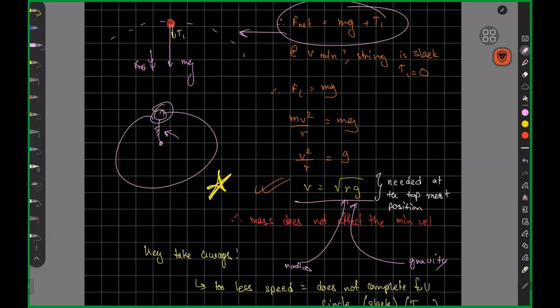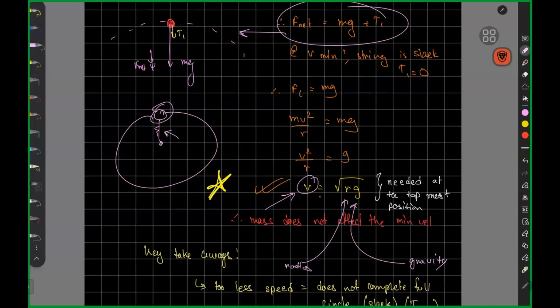It will not matter as long as you can put it at a velocity equal to this, it will go through vertical circular motion. Mass does not matter, right? Because do you have mass over here? No. So it doesn't really matter.